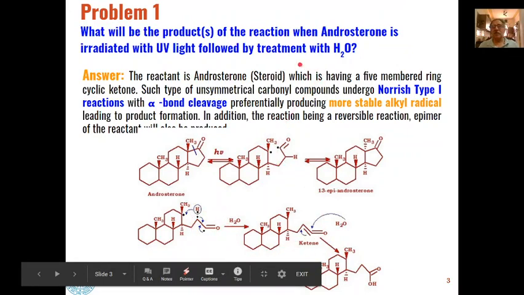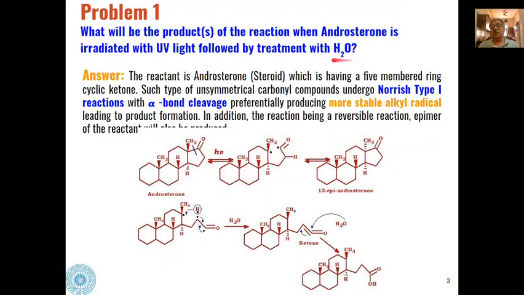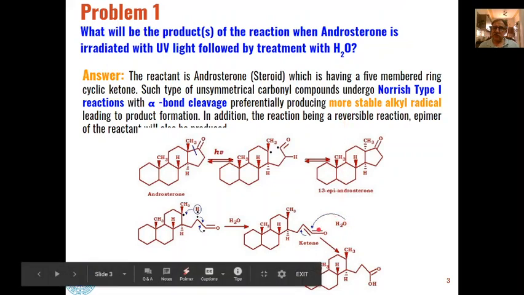And as there is water present in the reaction mixture, that water will react with the ketene through its nucleophilic oxygen atom. This will add to the carbon-oxygen double bond, and the overall product will be a carboxylic acid.